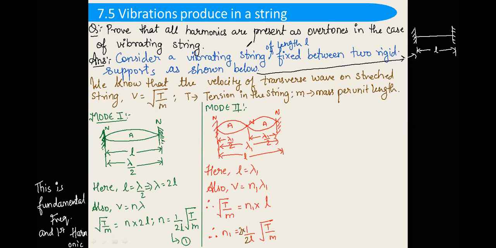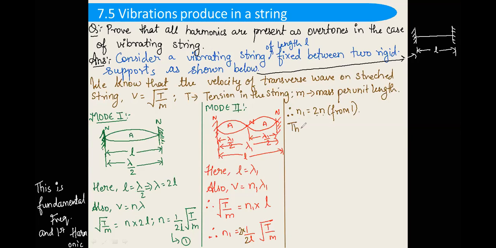So we can say here, N1 is equal to 2 into N. This is from equation number 1. Okay. So see here, this is 2 multiplied by the fundamental frequency.